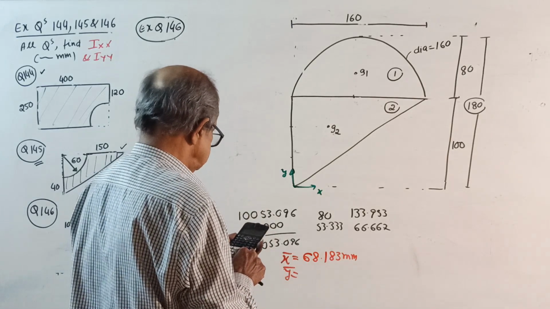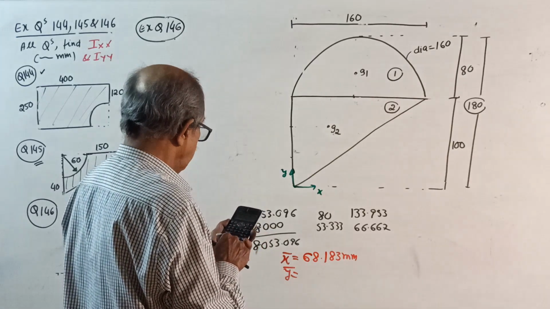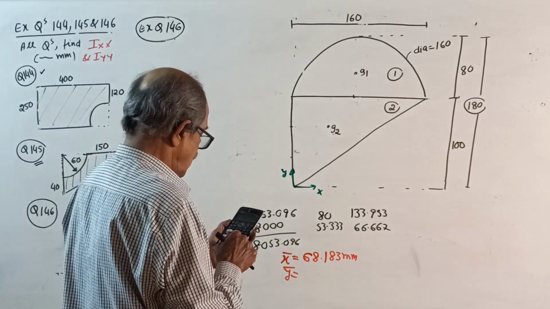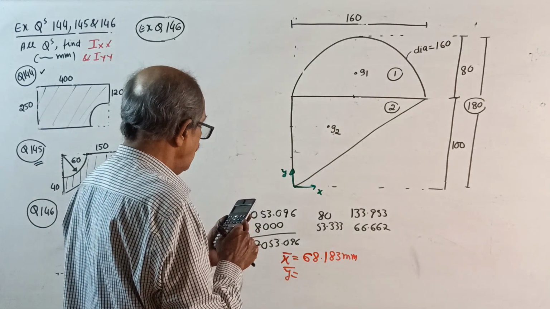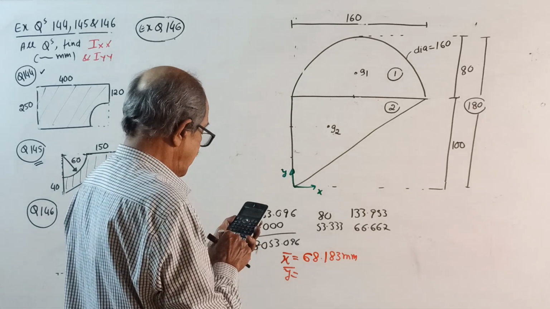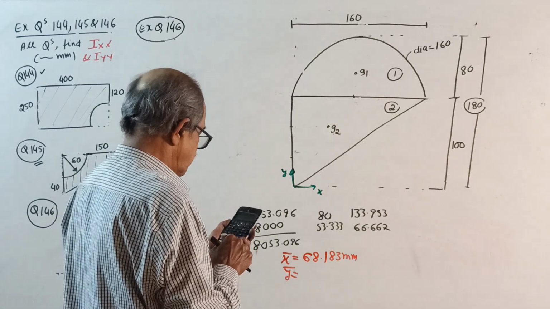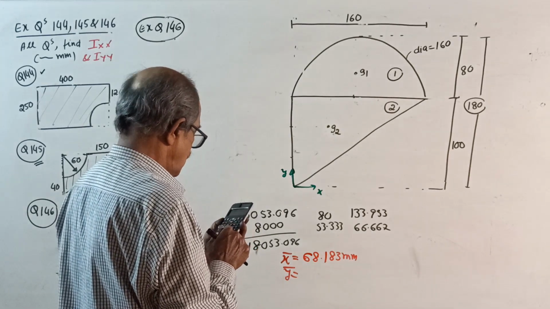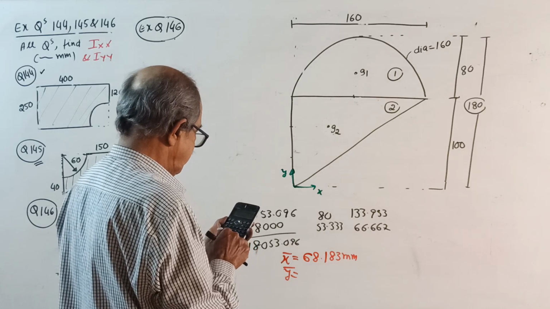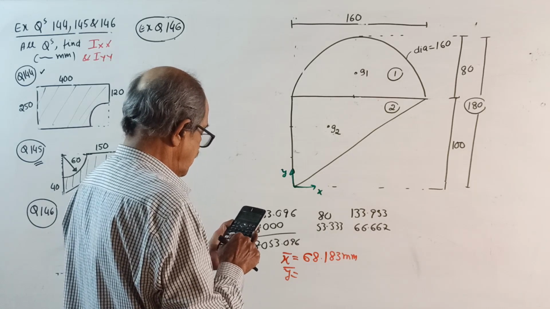Y bar: 10053.096 into 133.953 plus 8,000 into 66.667 divided by total area.